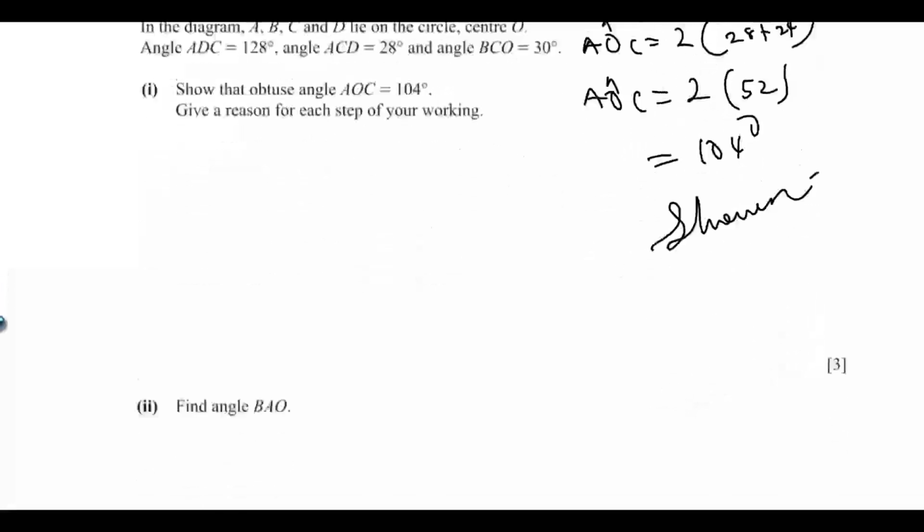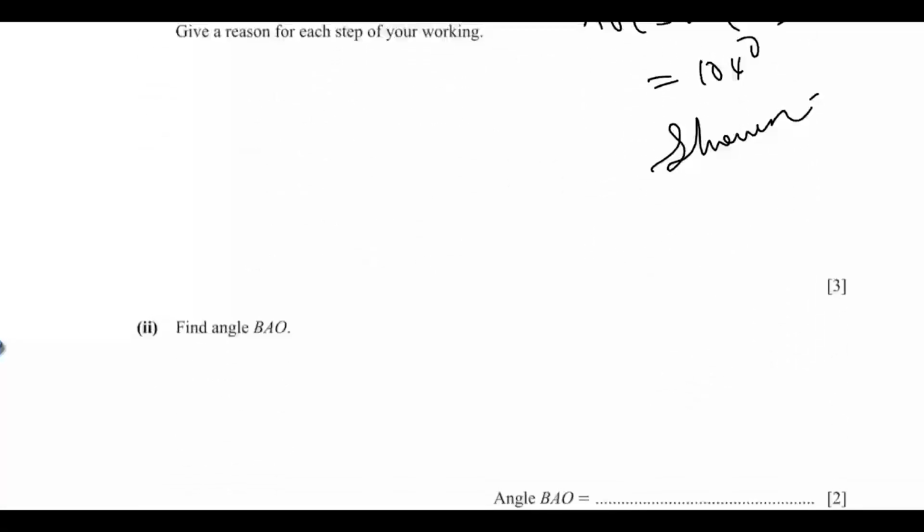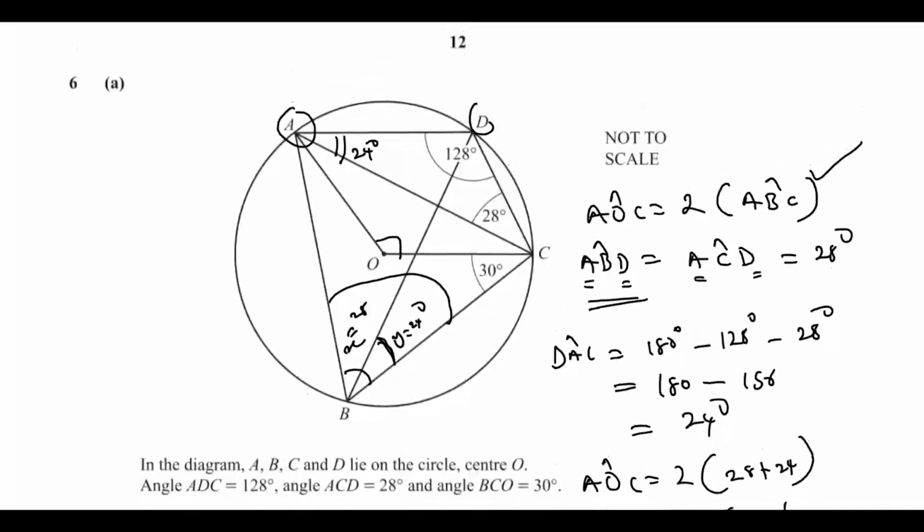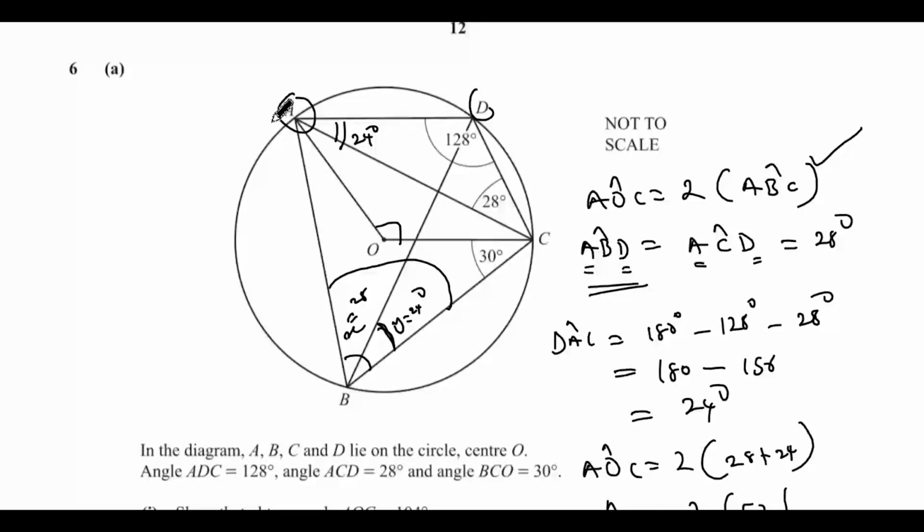So let's go to Roman figure 2. Find angle BAO. So this angle here, that is the angle you want to get. So how can we get this? It's pretty easy as well. So let's look into angle OCA and OAC.